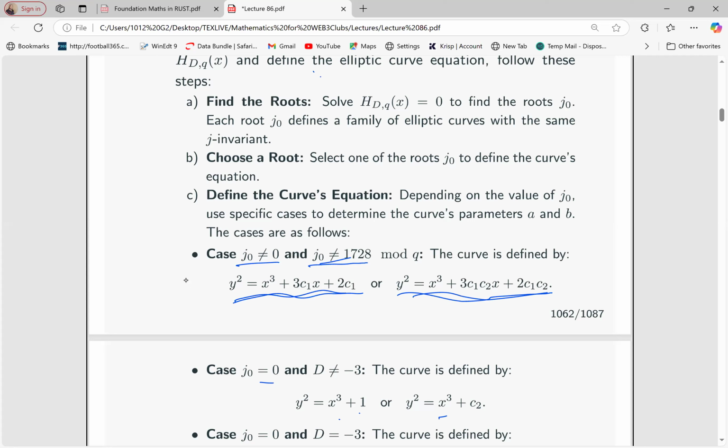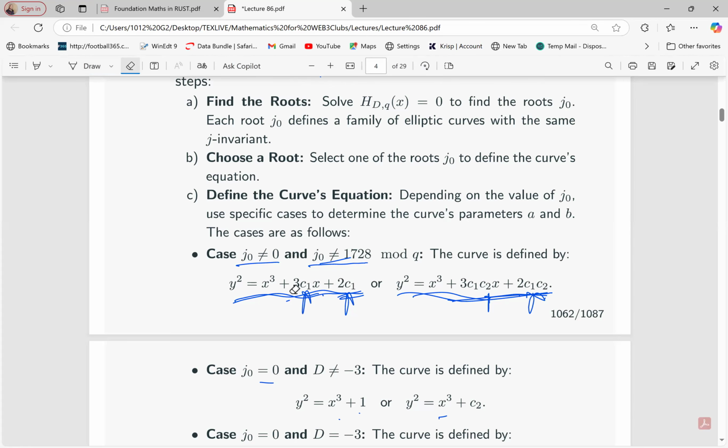Look at this first form. We need the C1. So we first test this form. If it fails, then we calculate C2 and check this form. If this one fails, then this one will be accepted. We want a curve that will give us the number of points we want.